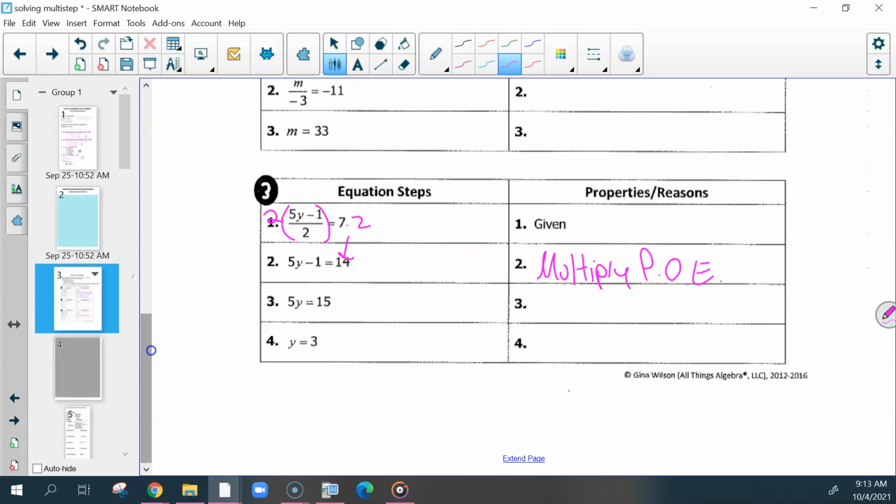From step 2 to step 3, added 1. Okay, let me just say that out. And then from step 3 to step 4, add it again.